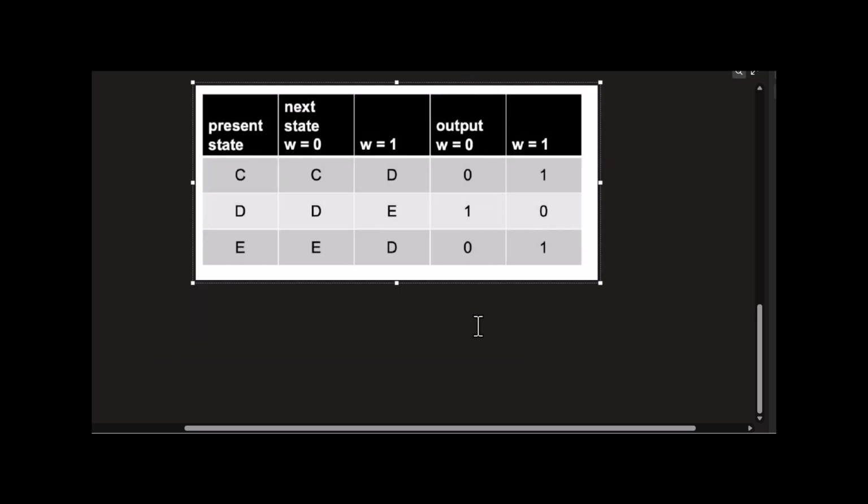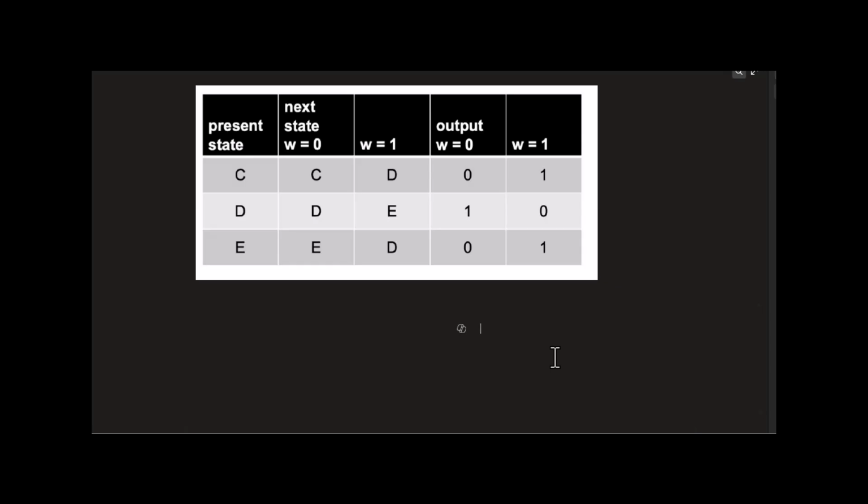Now, it's slightly different because it's a Mealy machine, but you still are going to work it the same way by looking at both outputs together. So why don't y'all try this one, and I'll pause it while y'all work on it, and then we'll see.